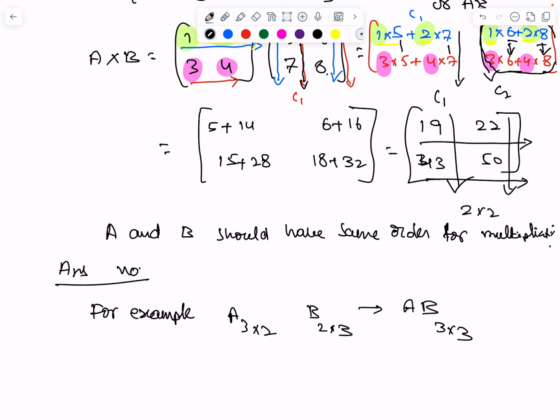You should observe that the columns and then rows must be matching. Then the output is: this stands for the rows, and the resultant matrix columns. Now you are getting A rows, B columns. So that is the output of the product.